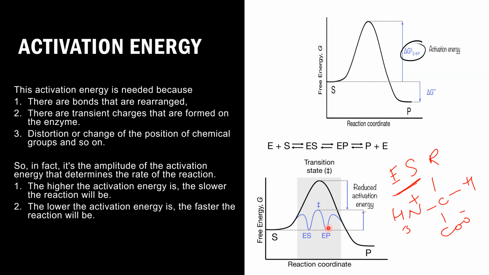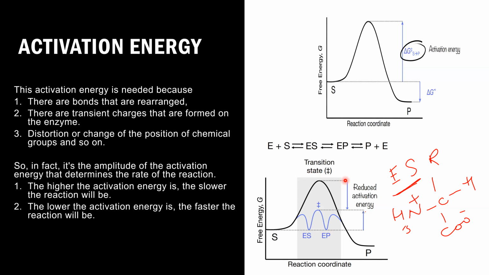And then eventually after lowering that energy, it will finally reach a stable form, which is the enzyme-product complex, and then finally the product is there, right? So here you can see that from this substrate to this level is a certain amount of activation energy, and from this substrate to this was the transition state. And that was the normal reaction without enzyme.